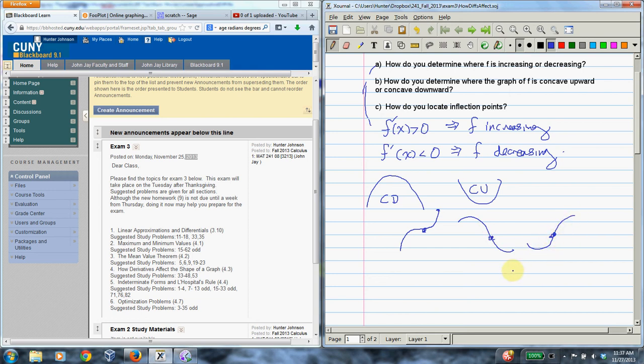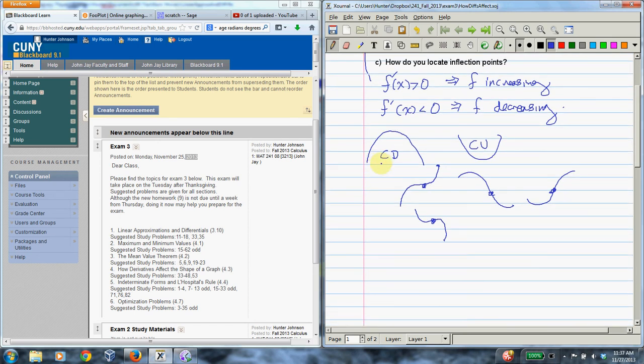I guess you could do this backwards too, couldn't you? There are a few ways inflection points could look. So they're points where the concavity changes. You determine where the graph is concave upward and downward by checking the second derivative. So it's concave down where the second derivative is negative, and it's concave up where the second derivative is positive.